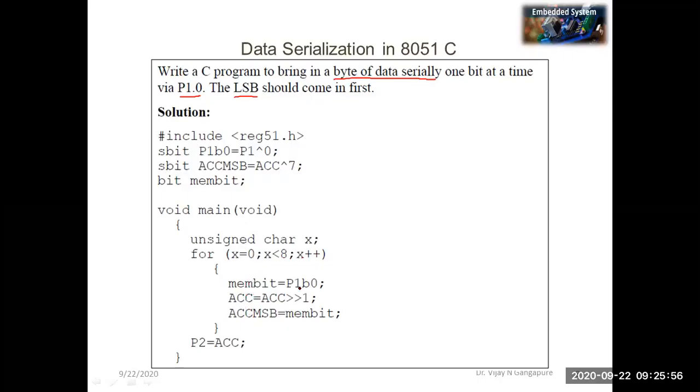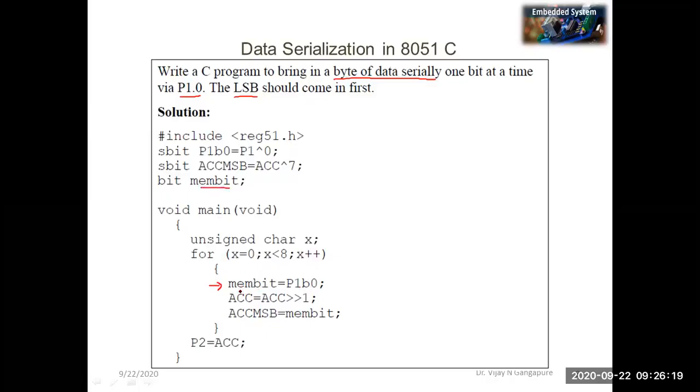Mem bit is equal to P1B0. So actually this statement is reading pin number 0 of port 1. At this instant of time, whatever data is there on pin number 0 of port 1, that I am storing in variable mem bit that I have declared here.